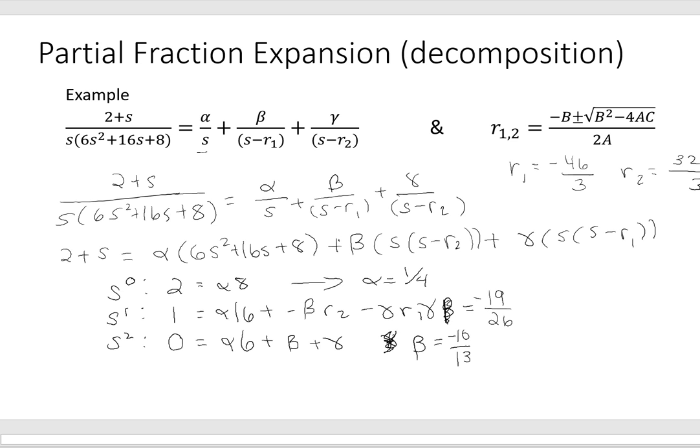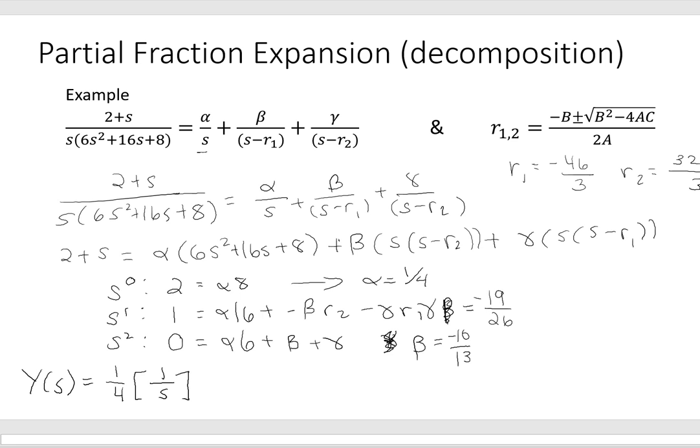Now I can go back in and rewrite this equation so that I can easily transform it. Remember that Y of s can be defined as alpha, so I can pull it out, 1/4 times 1 over s, which is very easy to find the inverse transform of.